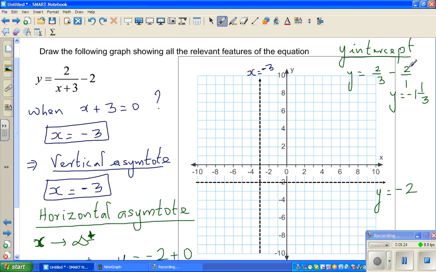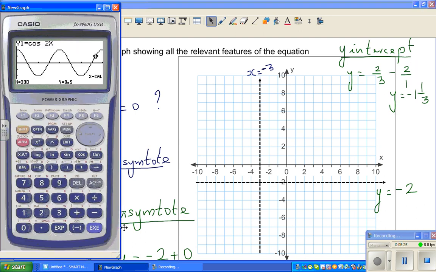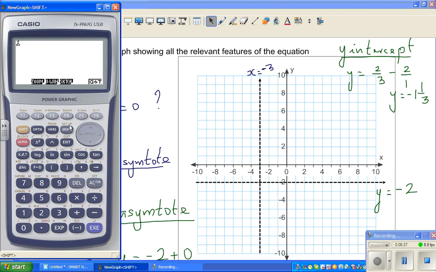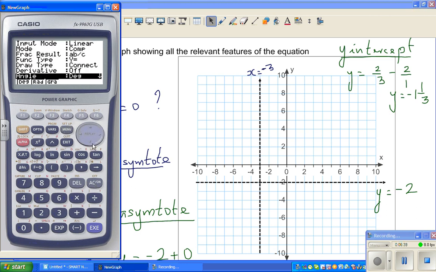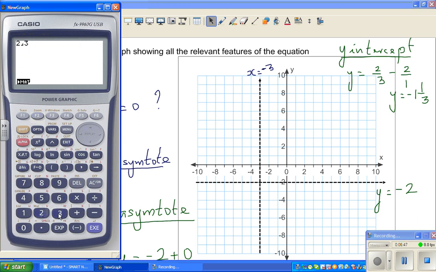So 2/3 minus 2. Let us use the calculator. Why should we use our brain when we can use the calculator? 2/3 minus 2 is negative 1 and 1/3.